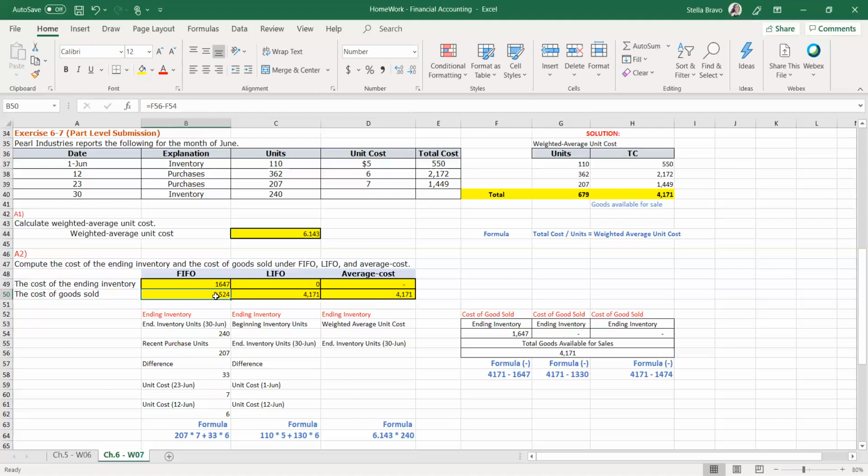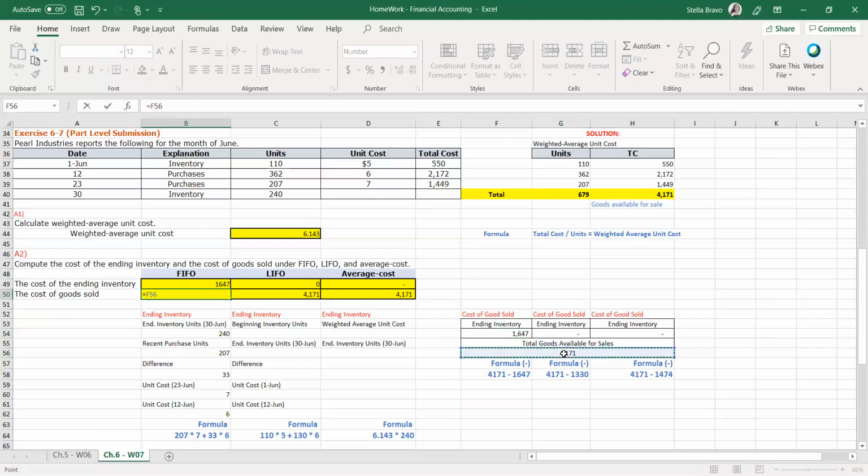If you see here, I already changed the value of our cost of goods sold, but let's explain this. To calculate our cost of goods sold is very easy. It's just one formula for all three accounts. We need our total goods available for sale from part 1 minus the ending inventory of the FIFO account.